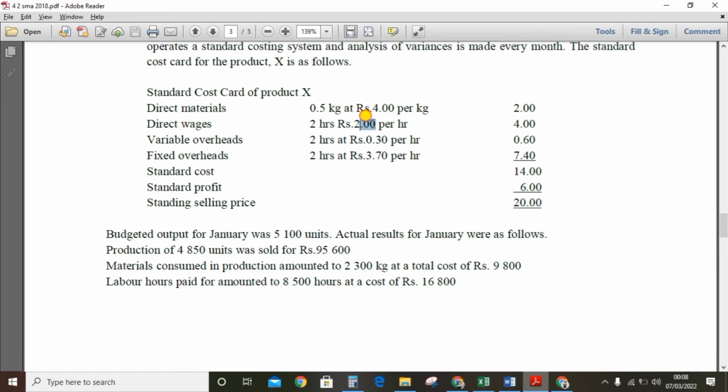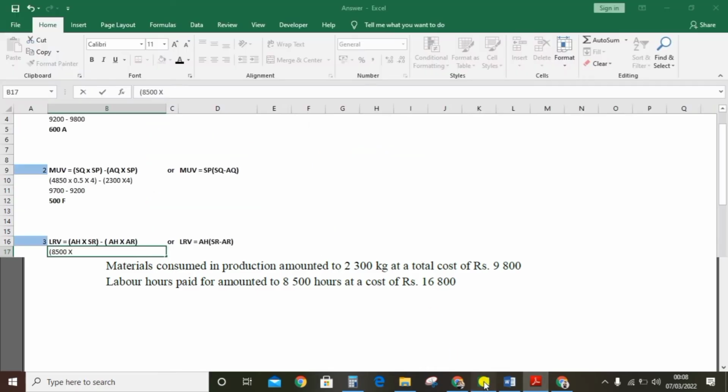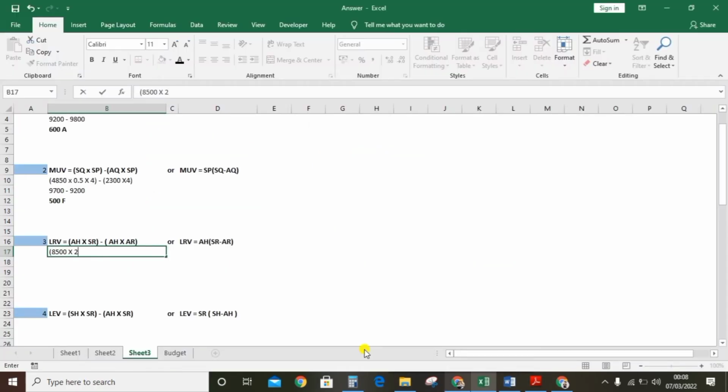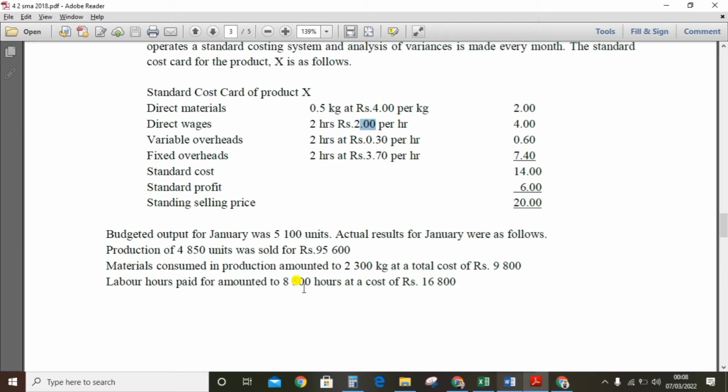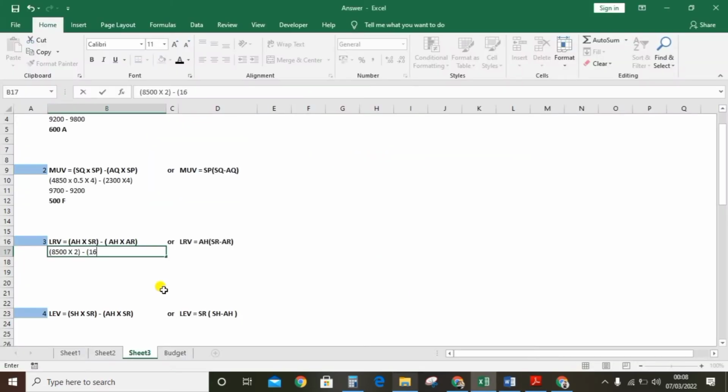Standard rate per hour 2 rupees. So SR 2 rupees minus AH into AR, that is the total cost of labor. The total cost of labor 16,800. So AH into AR 16,800.